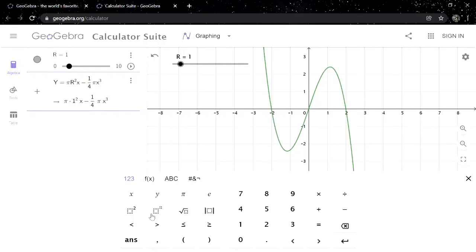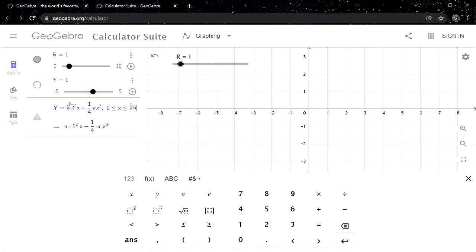And then don't forget to write down the definition interval, that is the closed interval from 0 to r capitalized.